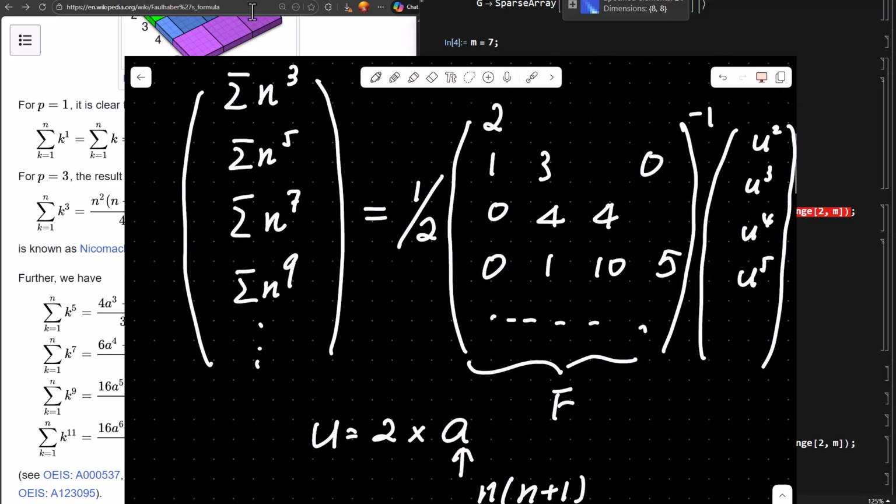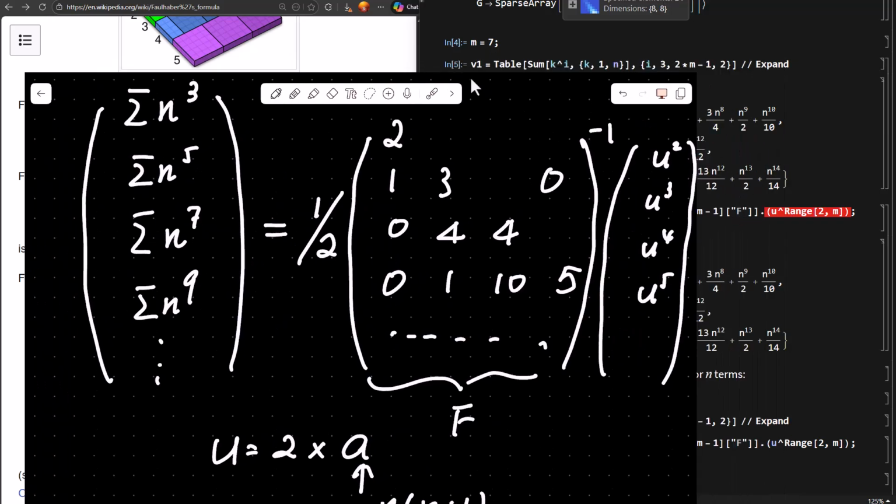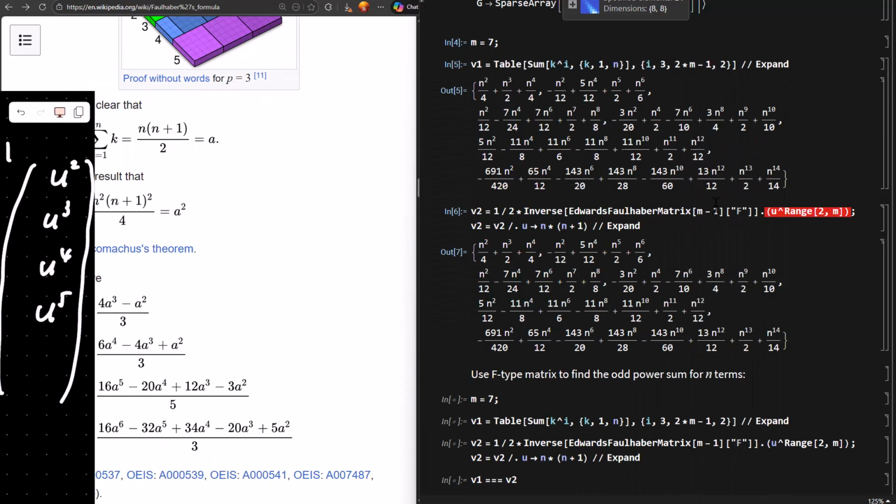This is precisely the formula we use for this type of multiplication. So it's 3, 5, 7, 9, all the powers, times 1/2 equals 1/2 times F inverse and 2, 3, 4, 5. So this is the actual implementation.